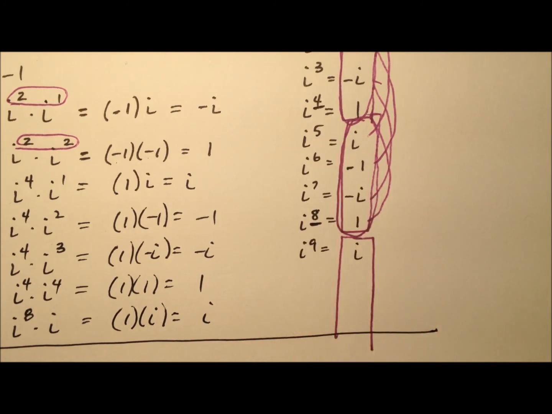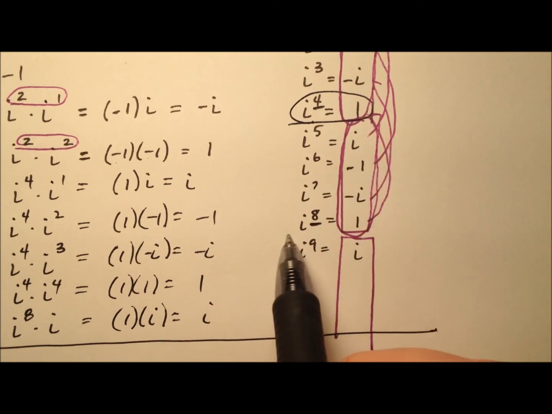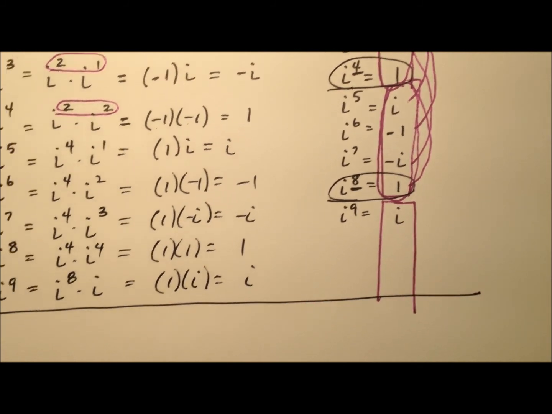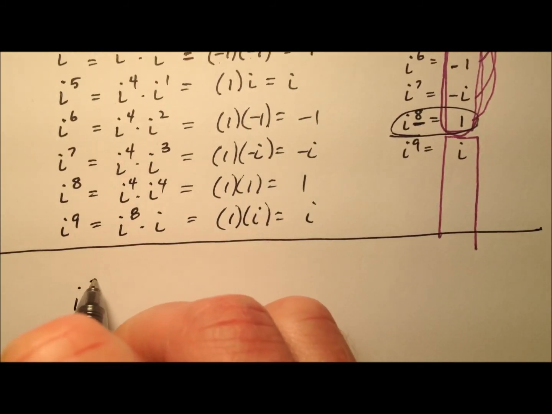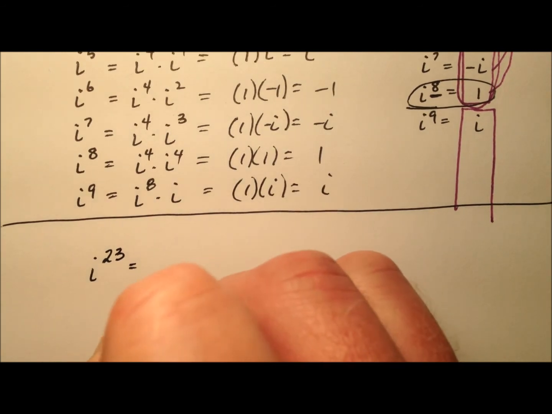So why 4? Why is that so good? Well, i to the 4th is 1, i to the 8th is 1, and it turns out that i to any power that's a multiple of 4 is just 1. And we know multiplication by 1 is pretty simple. So what if we have i to the power of 23? Could I decompose that? Well, sure.